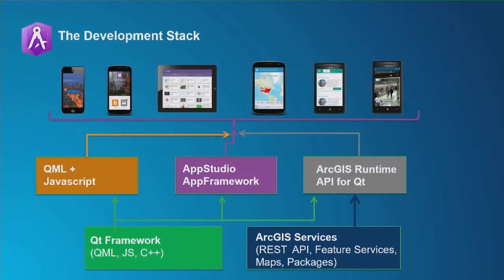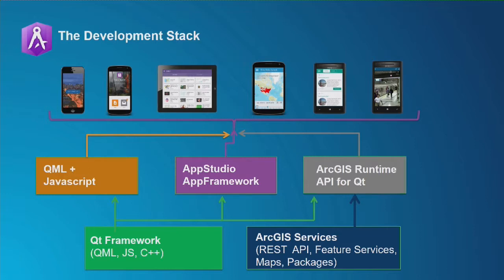So if you look at the very top row, that's all the apps that are created using AppStudio. Right underneath it, it's powered by QML and JavaScript. That is the language used to create the app. It's also powered by the AppStudio AppFramework for all of the native functionality of the device.